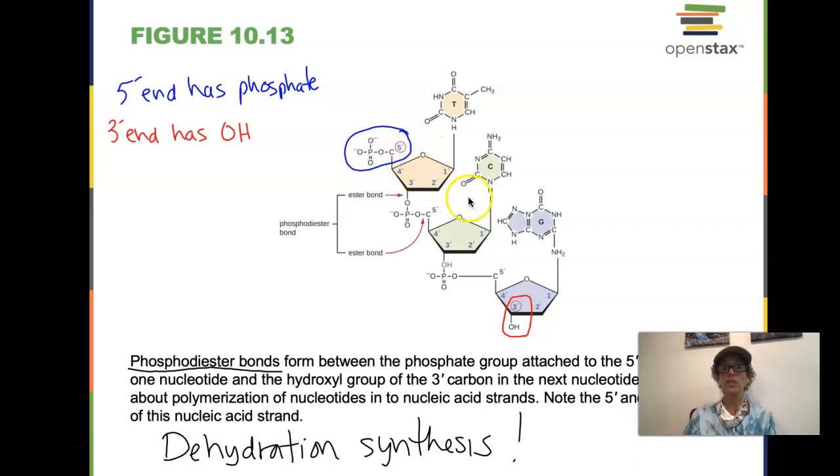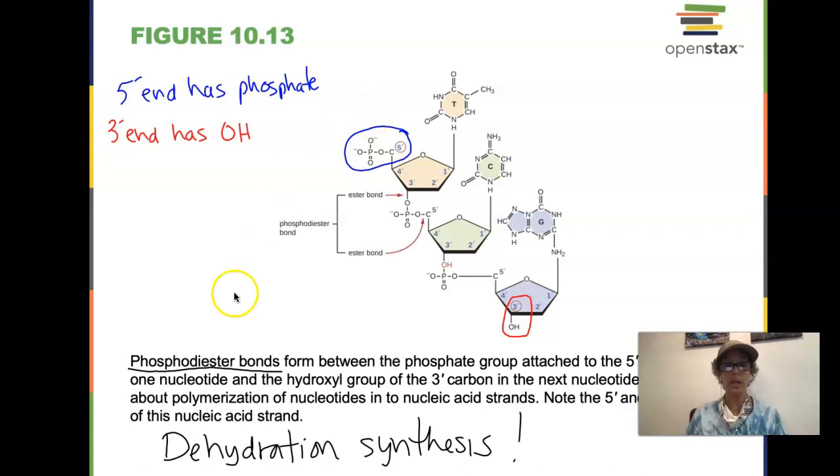When we finish linking our nucleotides together, the terminal or end nucleotide will have a free 3' OH or hydroxyl functional group. The 5' end always has a phosphate. The 3' end always has the hydroxyl. And if there's something attached to it, we're not at the end of that DNA molecule yet.